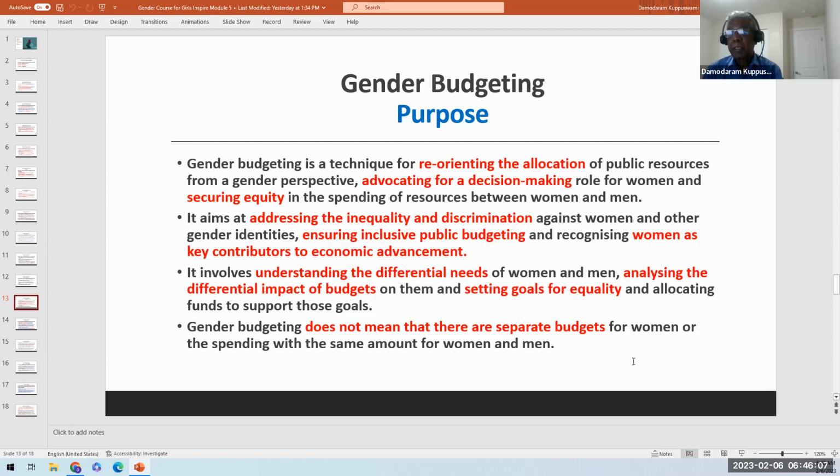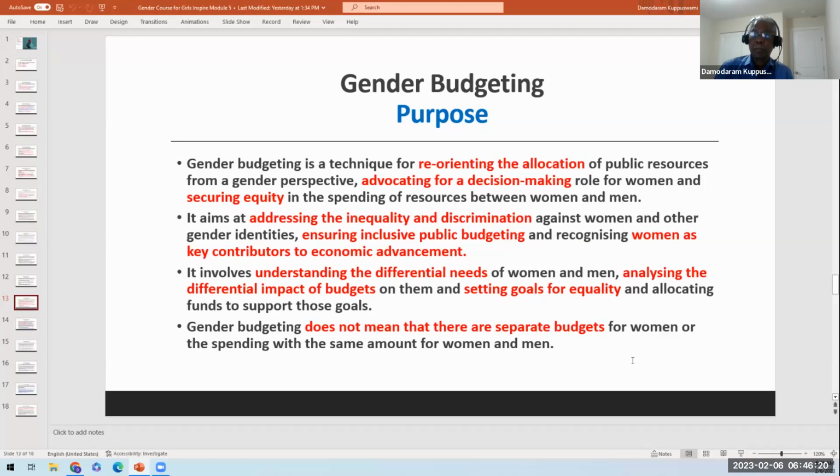So it involves understanding the different needs of women and the differential impact that budgets have on the kinds of goals that we can set.